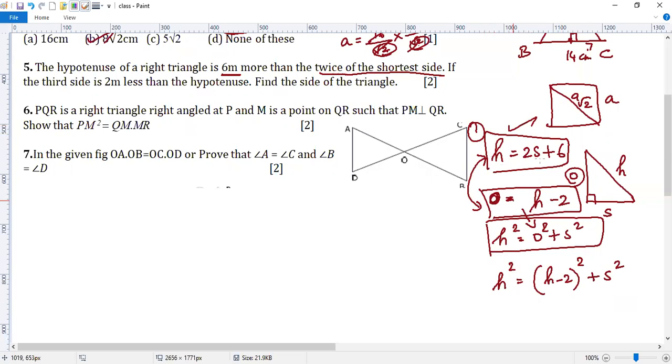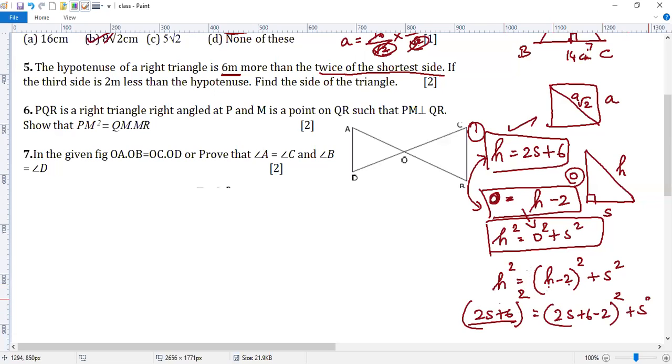Already you have another equation, in terms of H and S. Correct? So, H is equal to 2S plus 6, this you substitute. What will you get? 2S plus 6 whole squared is equal to 2S plus 6 minus 2, whole squared, plus S squared.